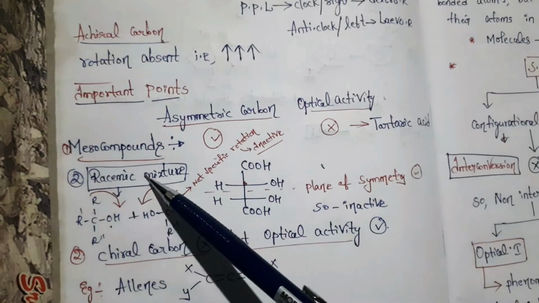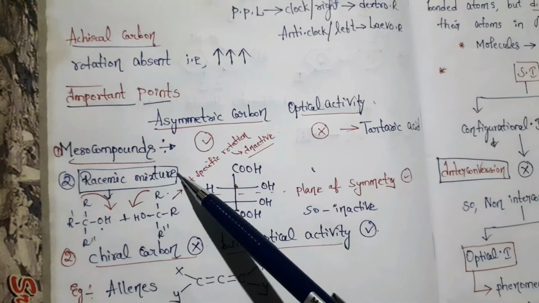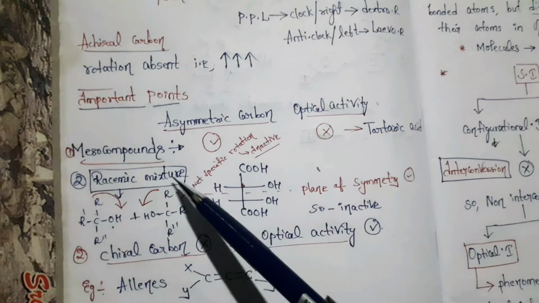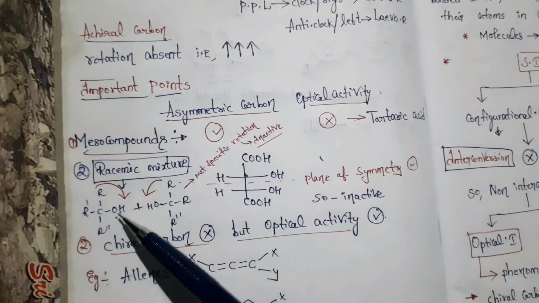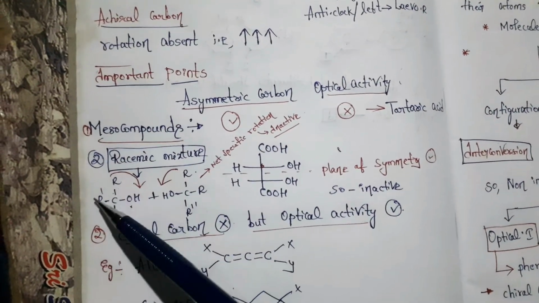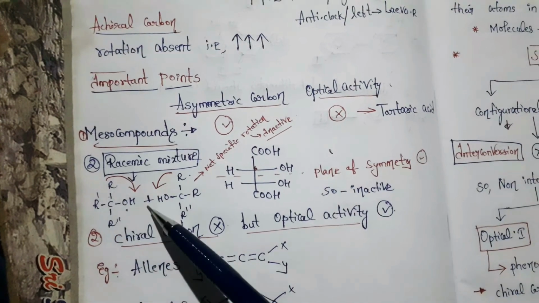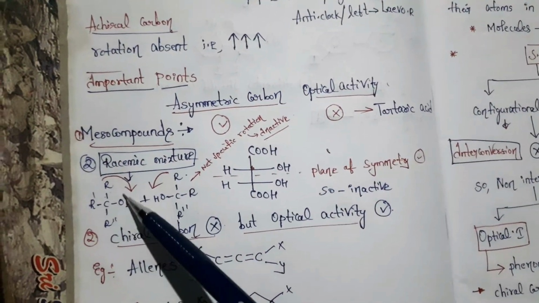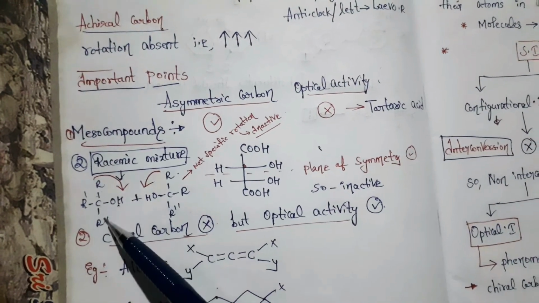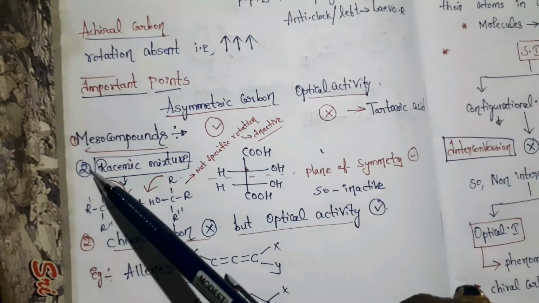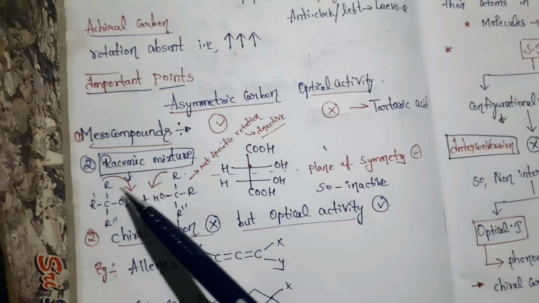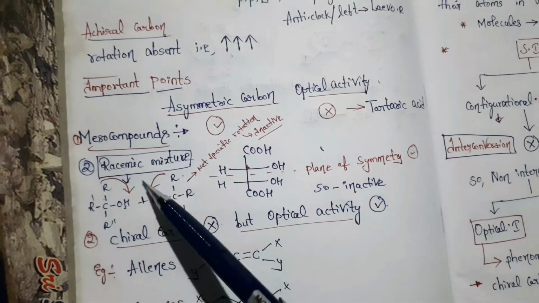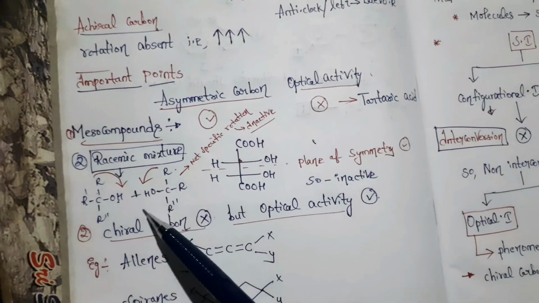Similarly, a racemic mixture also has asymmetric carbon. To this carbon four different groups are attached, so it is also an asymmetric carbon. So here asymmetric carbon is present, but due to net specific rotation, it is also optically inactive.